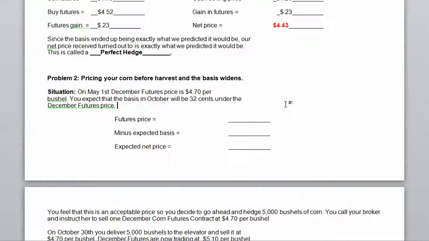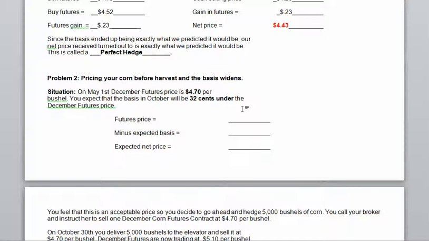Let's look at problem 2. This is a problem in which basis widens. On May 1st, December futures price is $4.70 a bushel. We expect basis to be 32 cents under in October. 32 cents under December futures price.